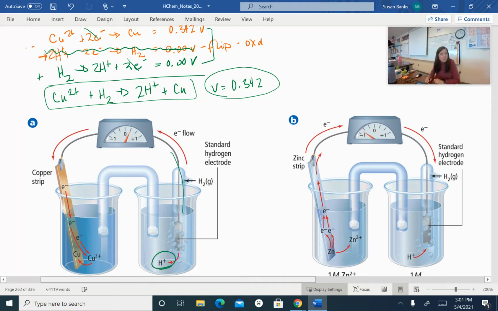The electrons are flowing from the hydrogen to the copper. Those electrons are grabbing the copper plus 2 from the solution to become solid copper, which is depositing on the copper. So our copper is gaining mass, which we would see here.